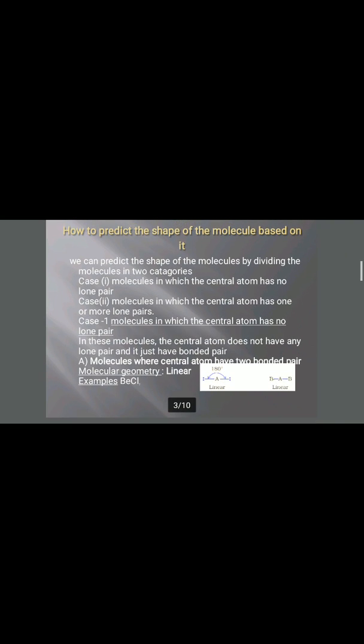Now, the method of how to predict the shape of the molecule based on it. There are two cases of VSEPR theory. In fact, it is divided into two parts. Case 1, molecules in which the central atom has no lone pair. Case 2, molecules in which the central atom has one or more lone pairs.